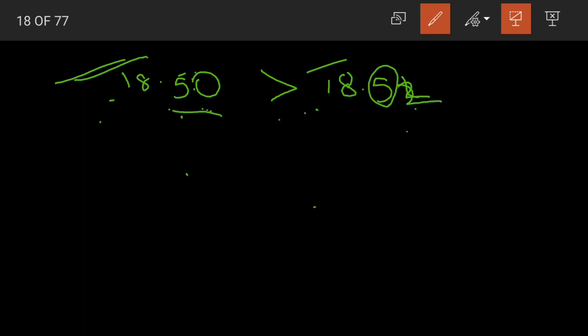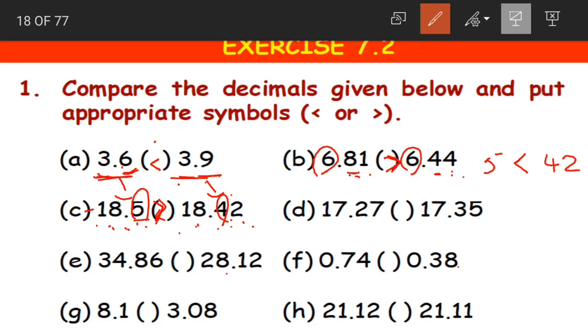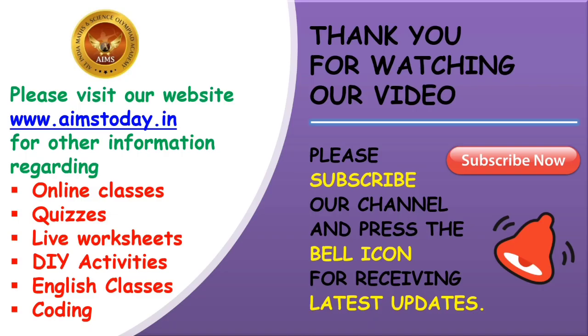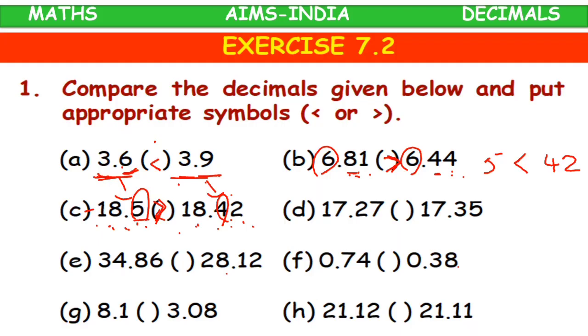We are adding a 0. When we compare 50 and 52, 50 is less than 52, so 18.50 becomes less than 18.52. Understood, children? I hope the concept of comparison of decimals is clear.